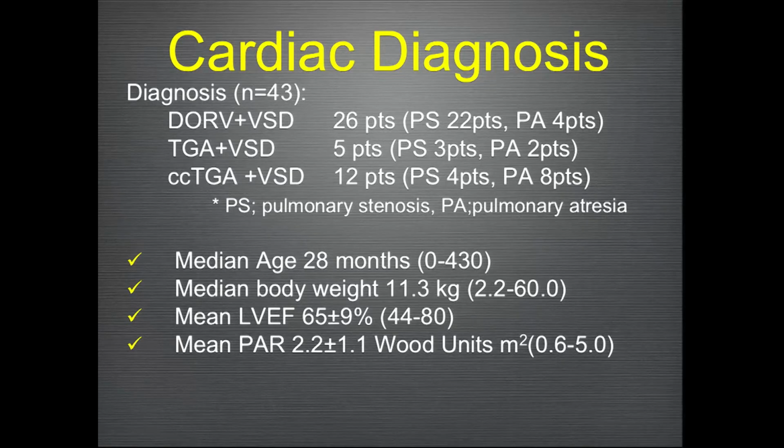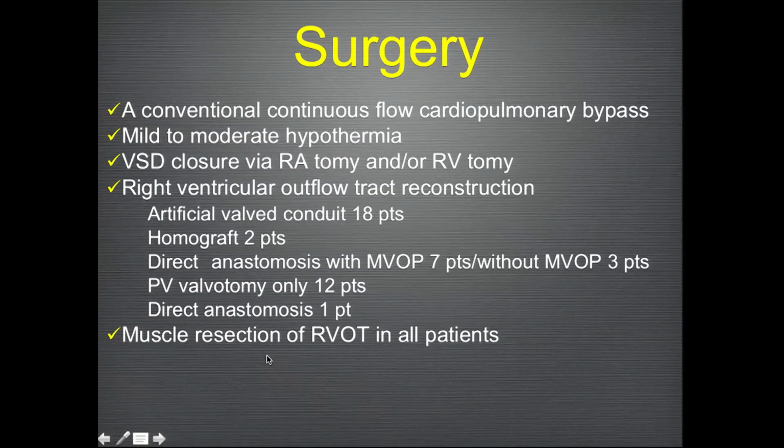The diagnoses were DORV VSD and TGA VSD, corrected transposition, and malposition of the VSD. Small babies were included in this one, and left ventricle function is also good. Conventional continuous flow cardiopulmonary bypass, and then right ventricular outflow tract reconstruction with artificial valve conduit, and several right ventricular outflow tract reconstructions.